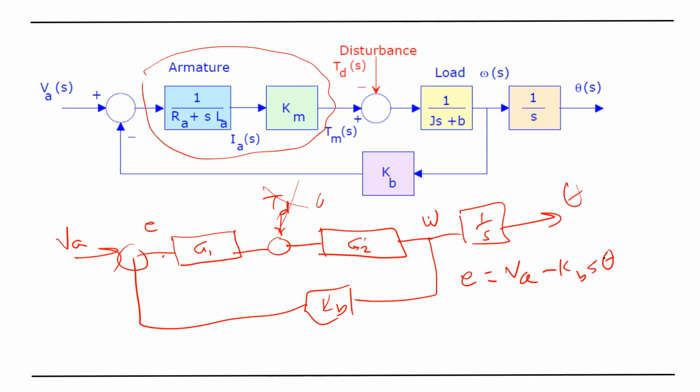Do you agree? Now, what's omega equal to, in terms of VA? Omega is also G1, G2 times E. So basically I will have omega equal to G1, G2, VA minus KB S theta.